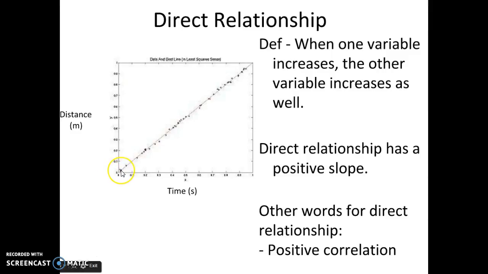So if I follow this line that defines my graph here, as I'm going from left to right, I'm also going up. So that means that I have a direct relationship. And this is also the definition of a positive slope, just that I go up the graph as I'm going from left to right. And another word for direct relationship is just a positive correlation.